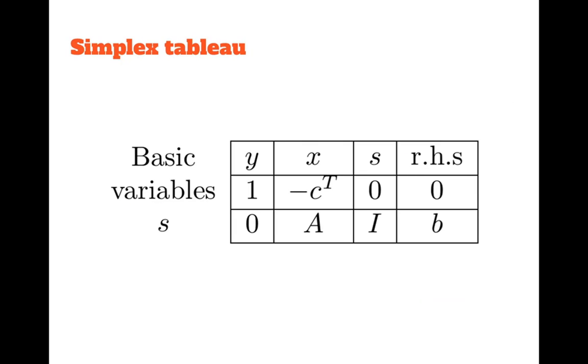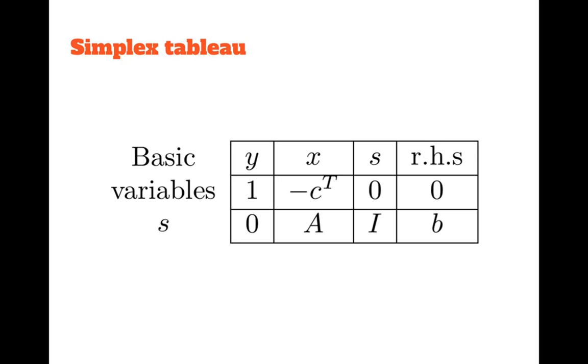Now we are going to explore the simplex method deeper by writing the system of linear equations in a tabular form, where the first row contains the variable names y, x, s, and the right-hand side of the linear equations. The coefficients associated with the first linear equation are 1, minus the transpose of c, 0, and 0.